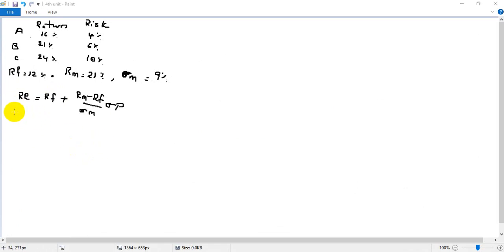This is the formula. RE is equal to RF. We have to find out the return on equity of all the securities simultaneously, A, B and C, whether they are efficient or not. That is what we need to find out.